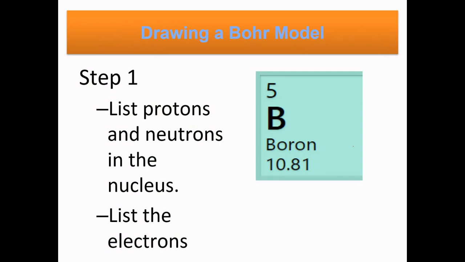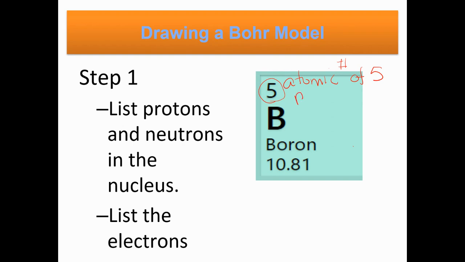Okay, so let's look first at the element of boron. The element of boron has an atomic number, and this is really important, atomic number of 5. And as I've told you before, protons have to equal electrons. That's because an element has to have a charge of 0.